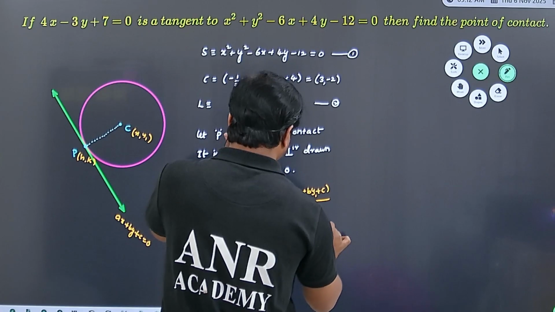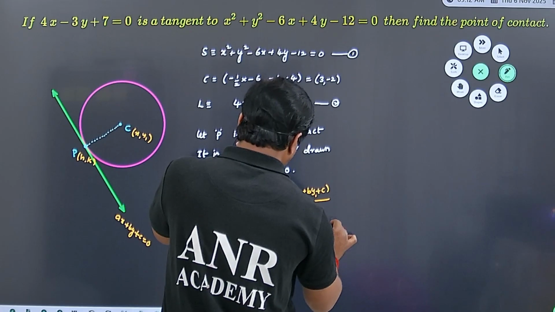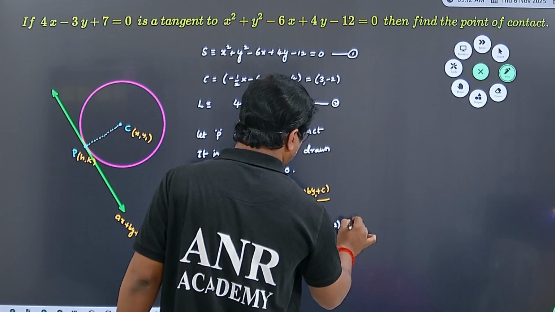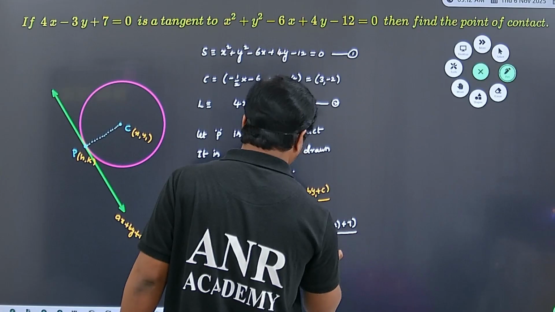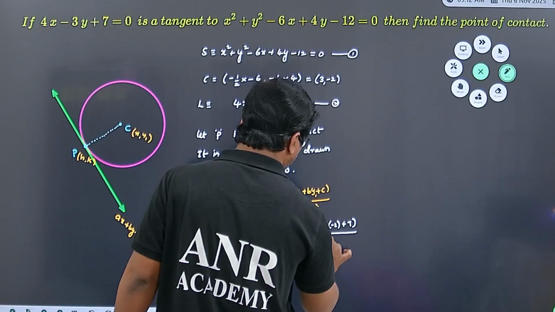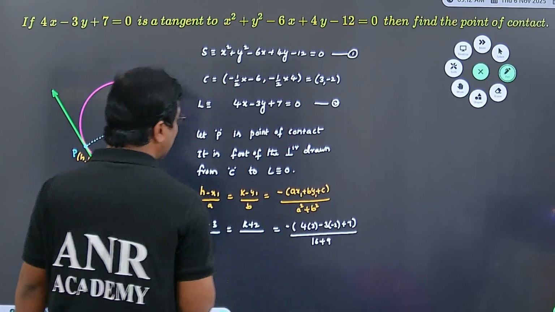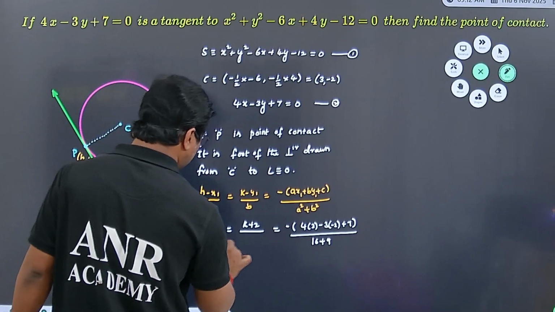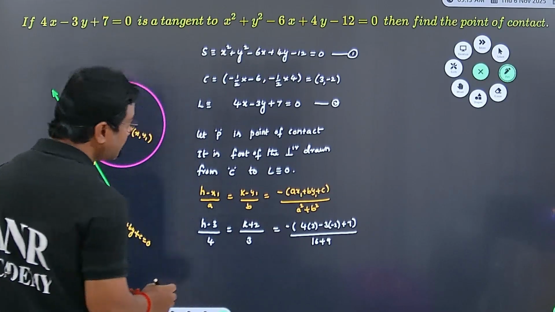Next, minus 3 into minus 2 plus 7 divided by a square plus b square, coefficient of x whole square plus coefficient of y whole square, and a comma b here 4 3.